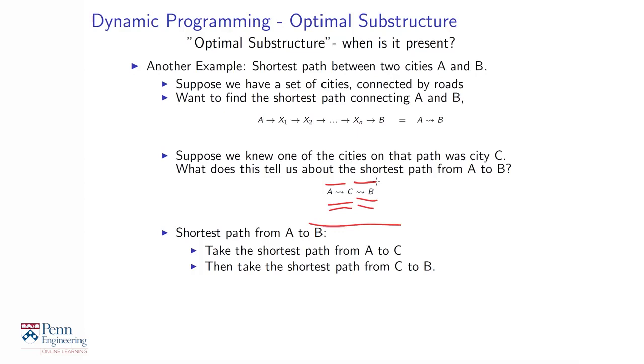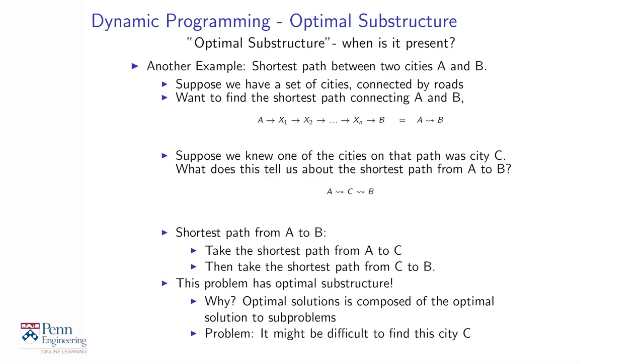Even if I know that if I want to go from point A to point B, and I know that point C is on this longest path, it's not the case that the longest path from A to B is made by making first the longest path from A to C and then making the longest path from C to B. In fact, sometimes you may have to take a shorter path from A to C in order to get the longest path from A to B. So I won't explore that further, but I wanted to say that optimal substructure is not something that happens in all problems. It happens for certain problems.